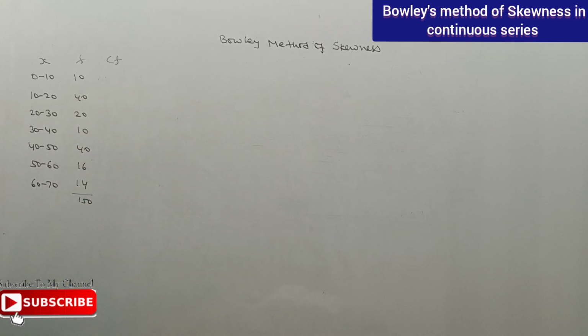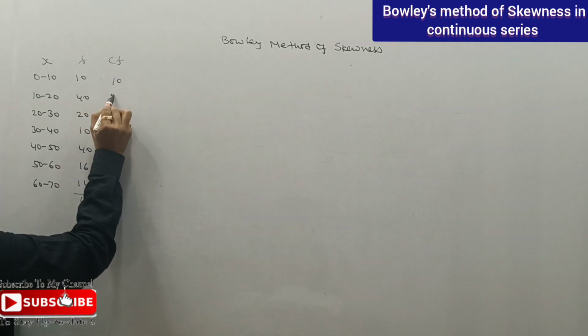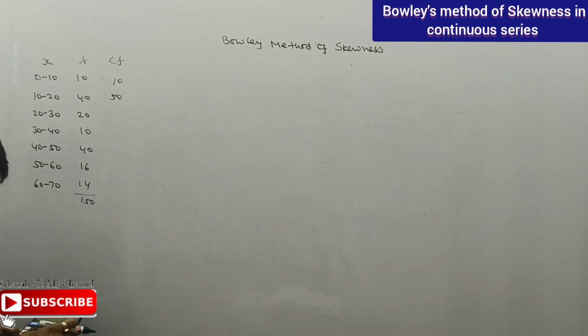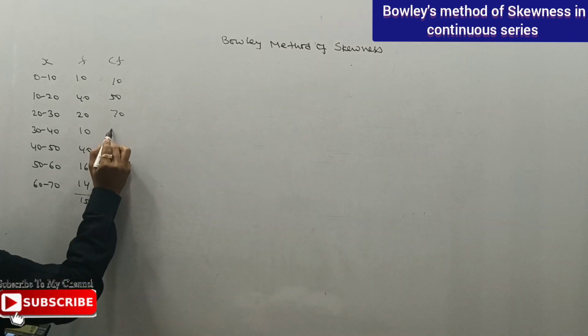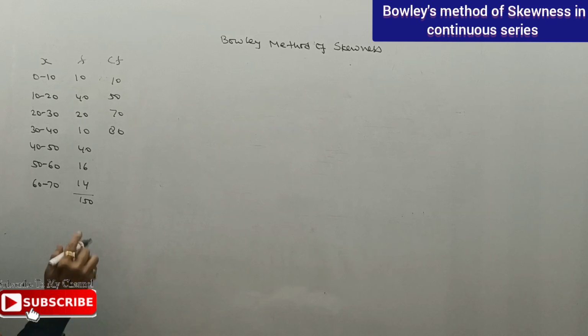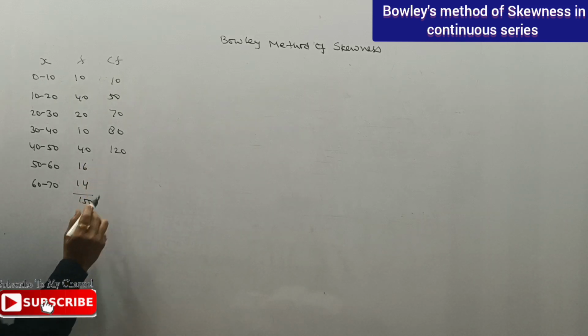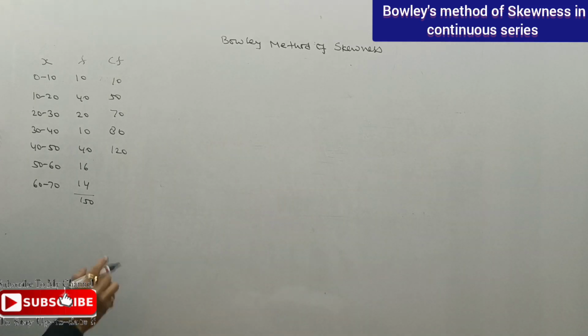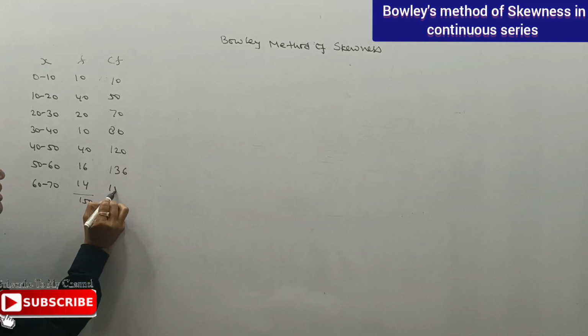So the cumulative frequency is 10 plus 40, that is 50, plus 20, that is 70, then 80, then 120, then 136, then 150.